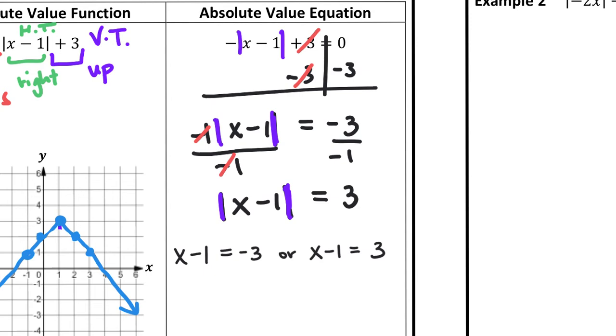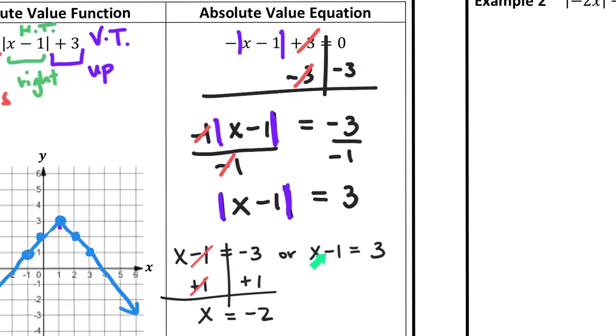To solve for it, I have to add 1 on both sides. These are going to cancel. And I'm going to be left with x equals, what's negative 3 plus 1? That's negative 2. Okay, now that we solved for x on the left, let's solve it on the right.